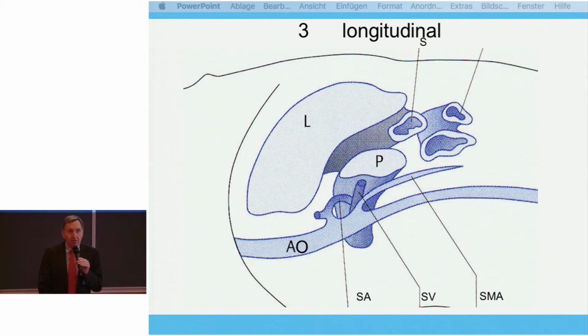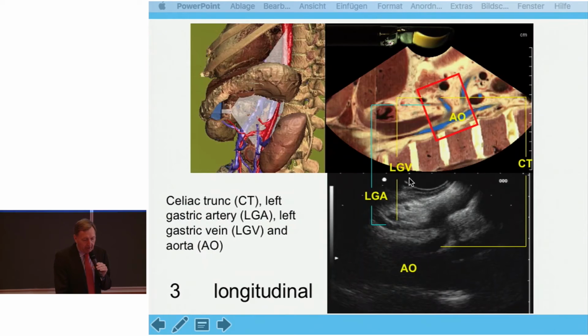In longitudinal scan, you have another plane section. You have a longitudinal section through the aorta together with the celiac trunk and together with the superior mesenteric artery. And this is this image again in the Voxelman. You see the spleen, the celiac trunk together with the left gastric artery.